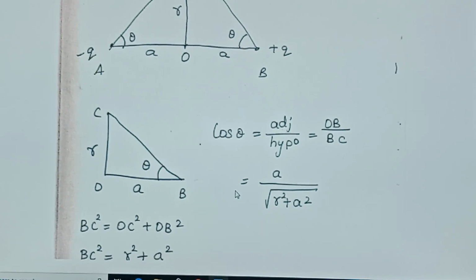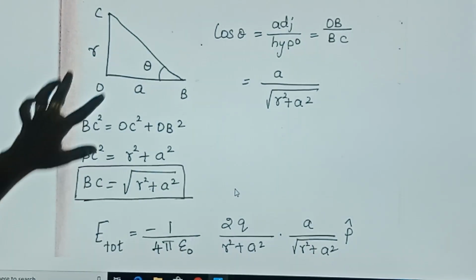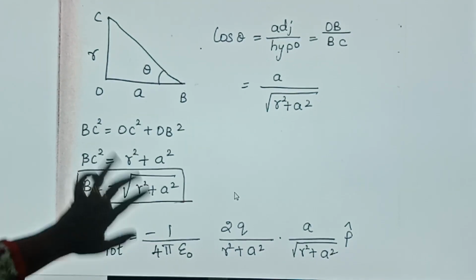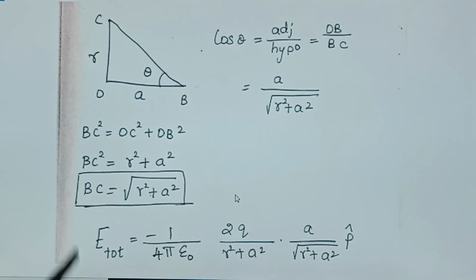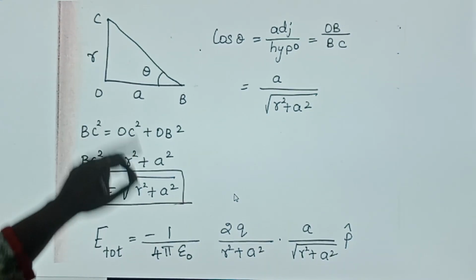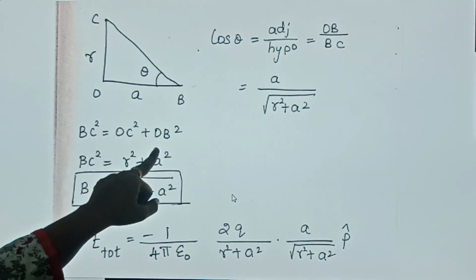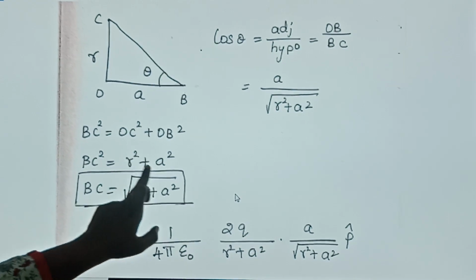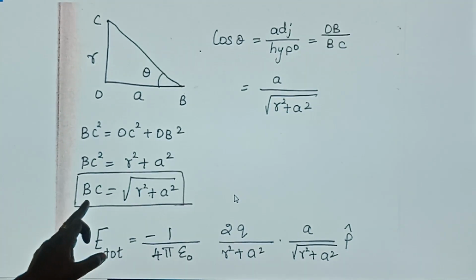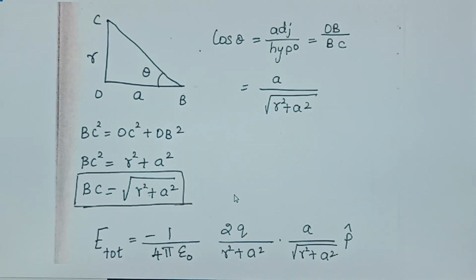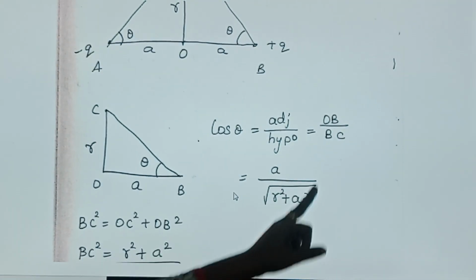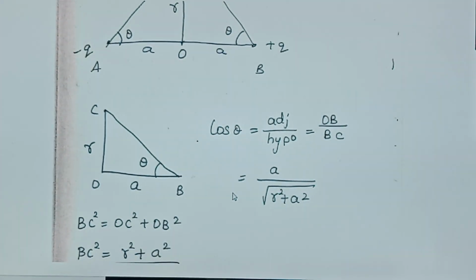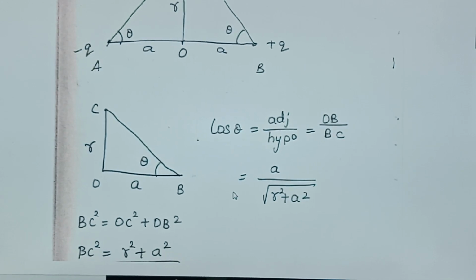How do I find BC? Considering this triangle, when you apply the Pythagoras theorem, BC square is equal to OC square plus OB square. OC is R and OB is A, so I am writing R square plus A square. When you need the term BC, this becomes the square root of that. So the term BC is written to be root of R square plus A square.